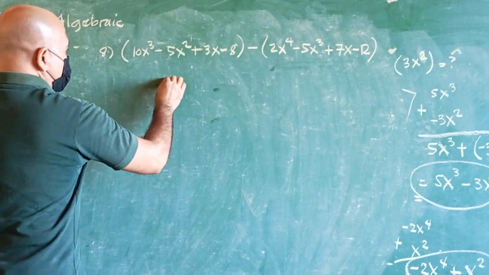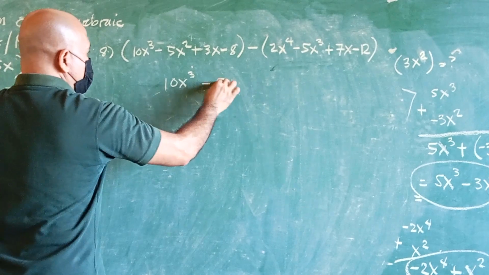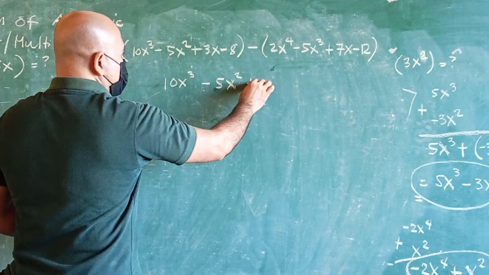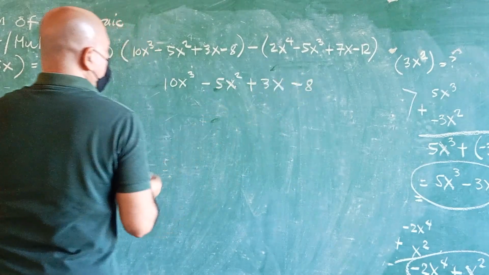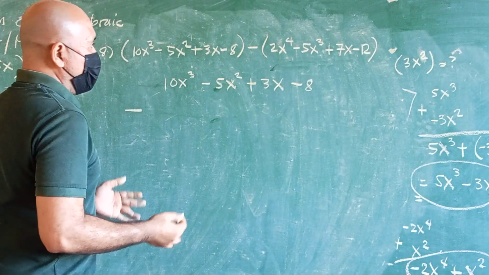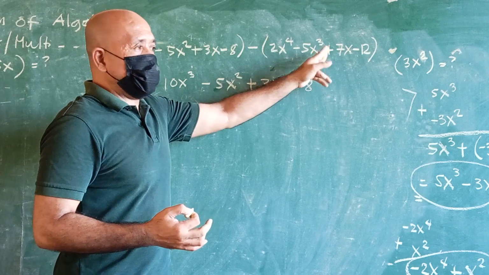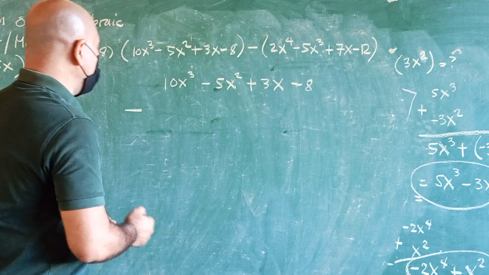So it becomes 10x cubed minus 5x squared, and then plus 3x and minus 8. And then the operation is minus. And try to check before you write it down as the second line, as the subtrahend.